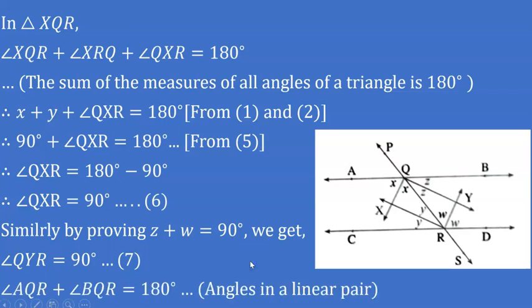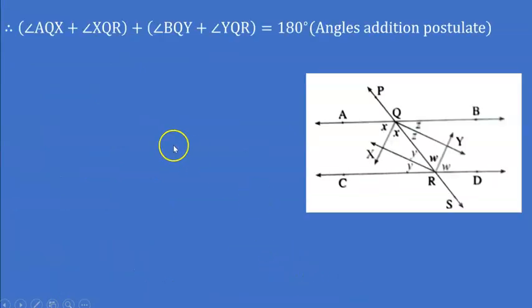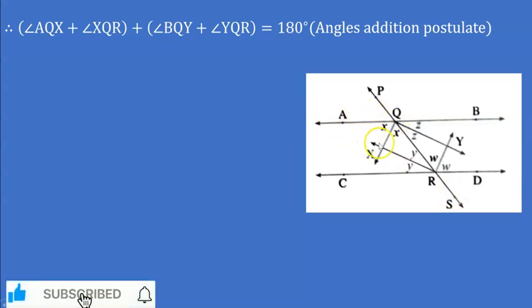Now the next, measure of angle AQR plus measure of angle BQR is equal to 180. But what about the measure of angle AQR? AQR means measure of angle AQX plus measure of angle XQR. And what about the measure of angle BQR?